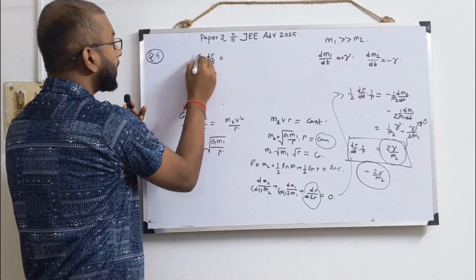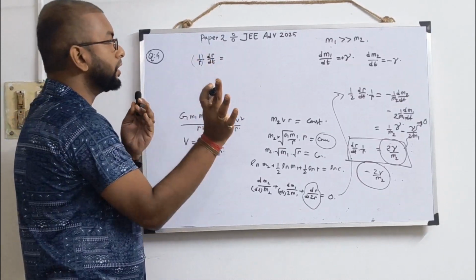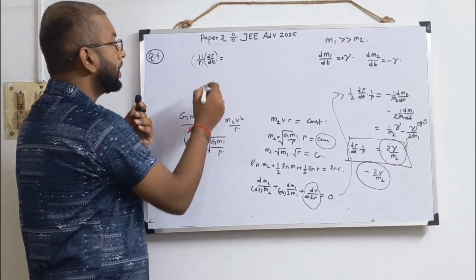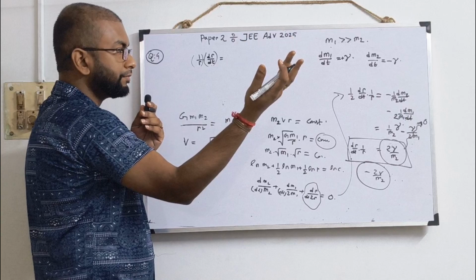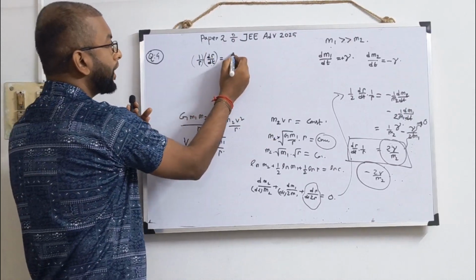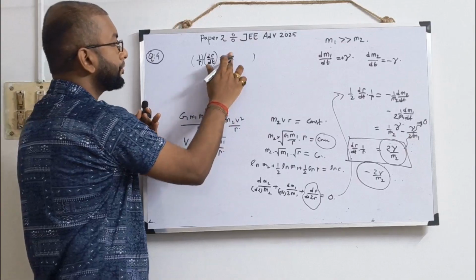So 1 by r at any point of time, let's say, is positive only. So if the distance between two masses is increasing, this term will be positive. If the distance between two masses is decreasing, the entire term, this sign, will be negative.